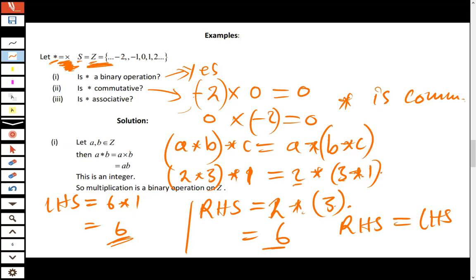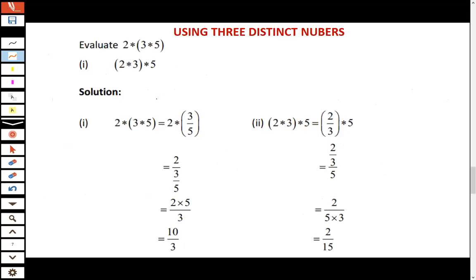What I've just explained is what is written here. I've already explained how to prove associativity by getting 3 numbers from the given set, except that here I use different numbers.